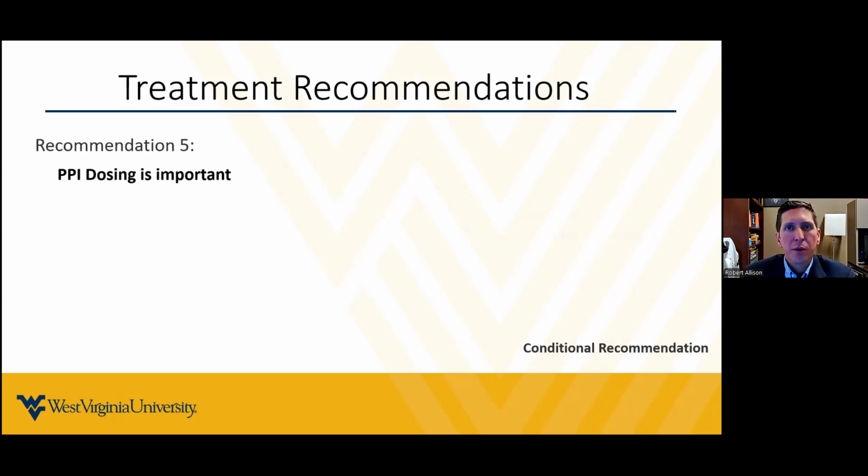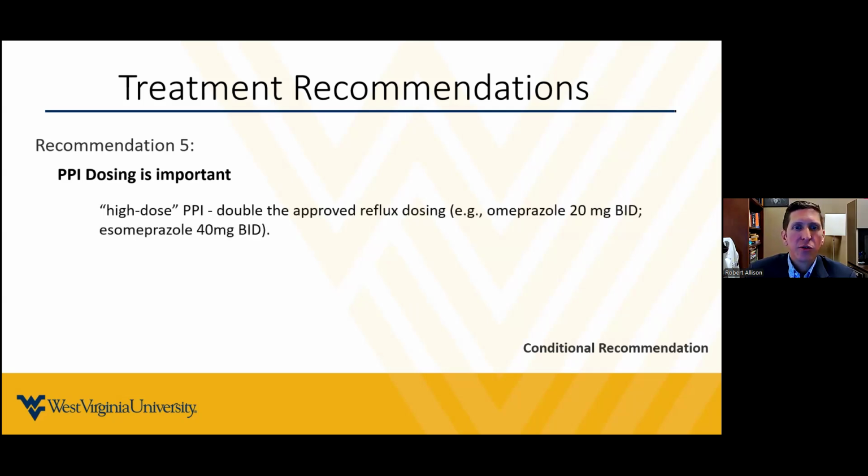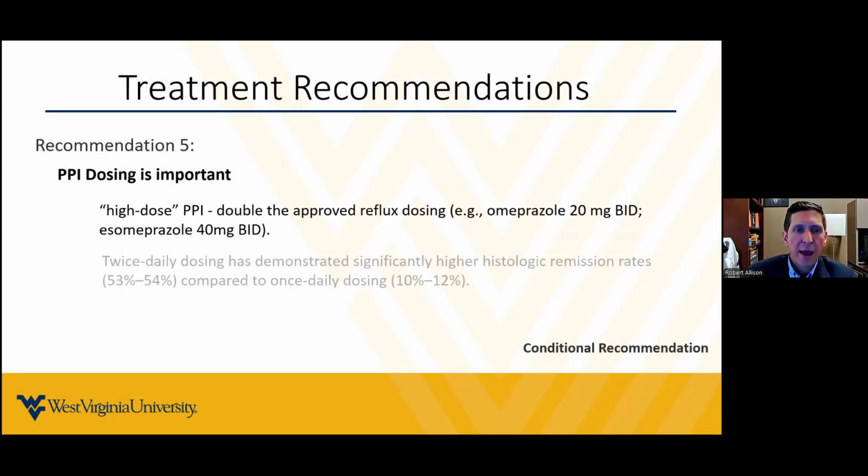But dosing is important, and it's not our traditional gastroesophageal reflux disease dosing, it's high dose. And so we're talking about kind of double the dose we typically would use for reflux. So 20 milligrams of omeprazole twice a day, or esomeprazole 40 milligrams twice a day. They have found that twice daily dosing is more effective than once daily dosing when we look at histologic resolution or histologic improvement.